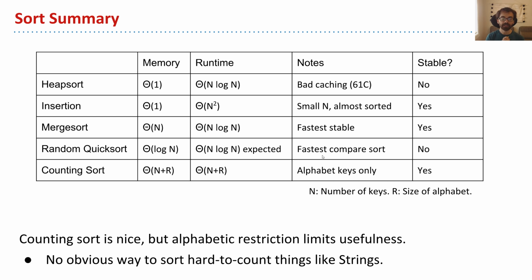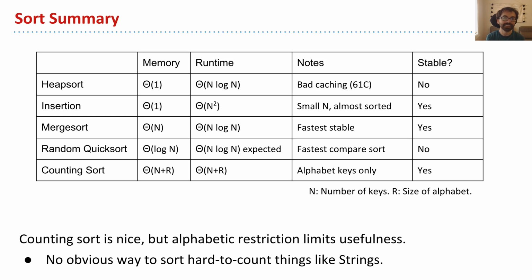So it turns out that there are some things that don't really match the definition of an alphabet. Consider, for example, all strings. So strings, there's a countably infinite number of strings out there, and as a result, you can't just say they're all from some alphabet.